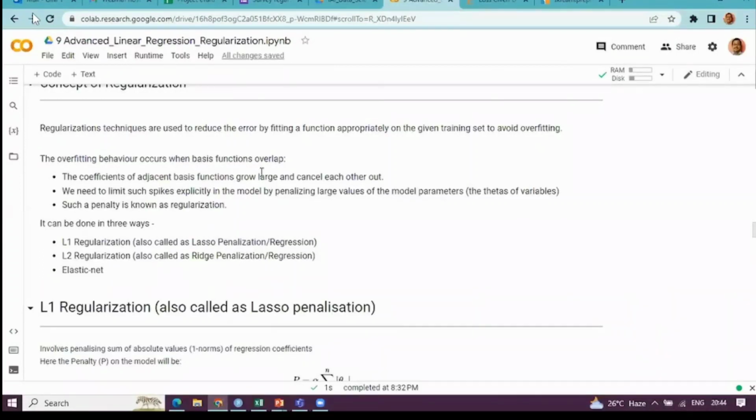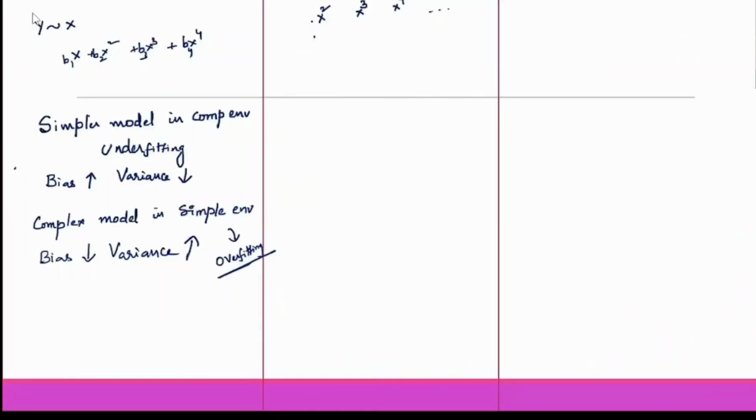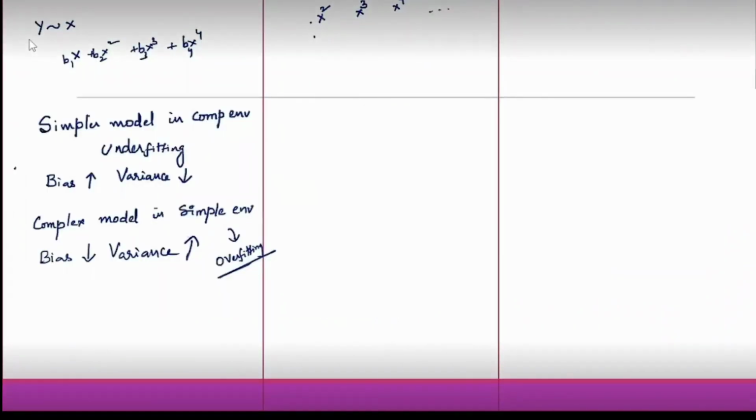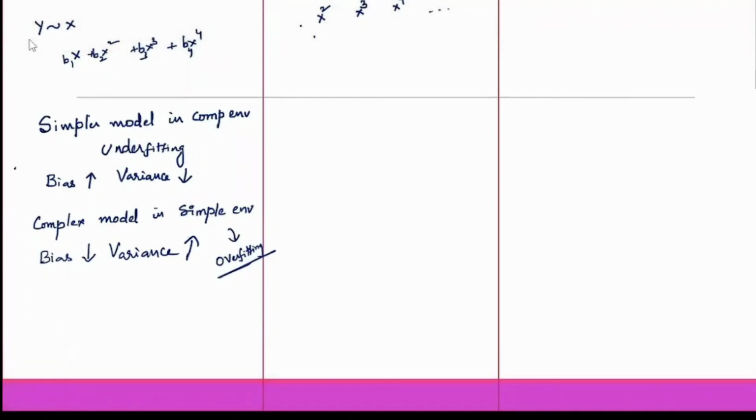Sometimes this coefficient could be like 1500, and this one would be minus 1445, 1495. So this can keep growing, and this will have a negative sign, and this will also keep growing.